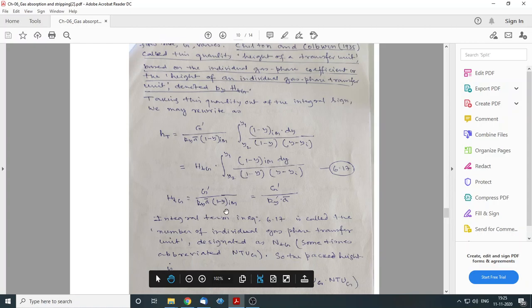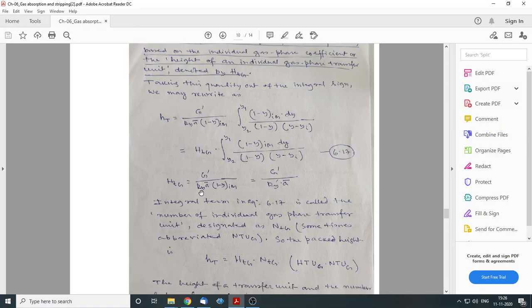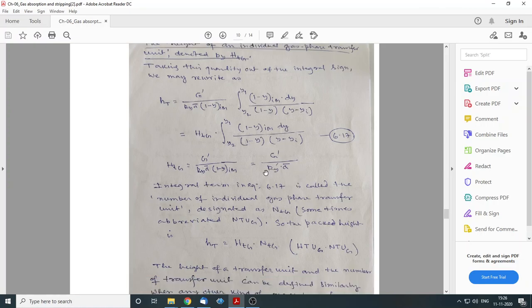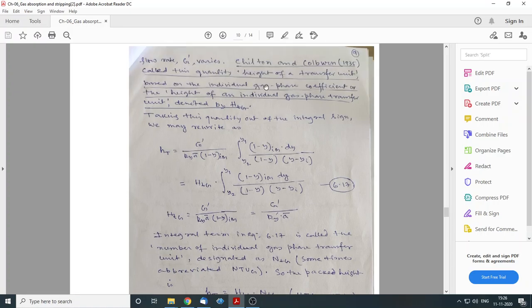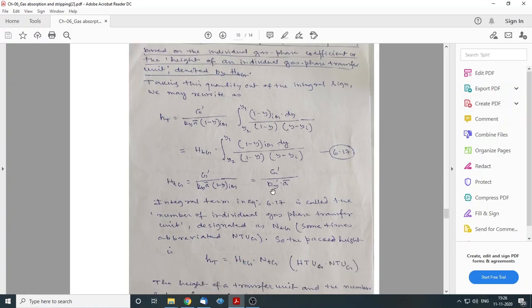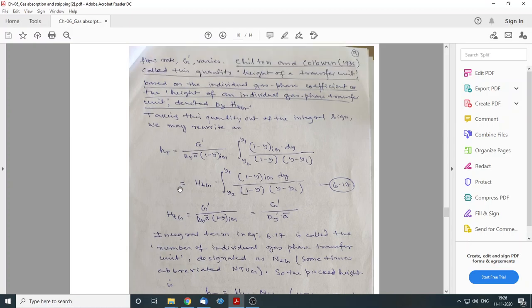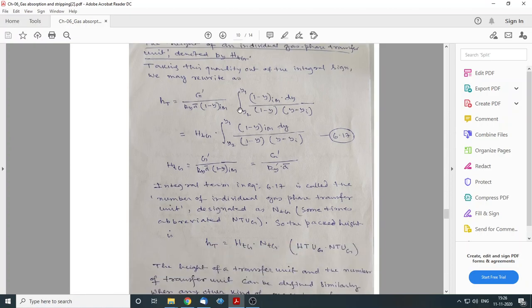This term, G dash over k dash y a, is called the height of a transfer unit, HTG, based on the gas phase. So it is the height of a transfer unit based on the individual gas phase coefficient, or the height of an individual gas phase transfer unit, HTG, because things are determined based on the gas phase.